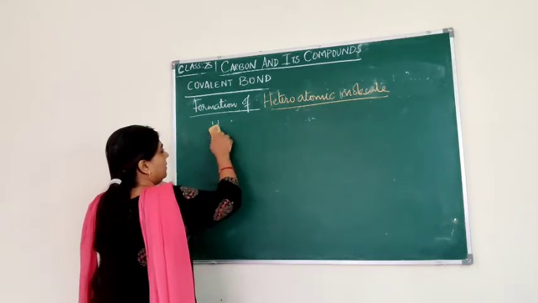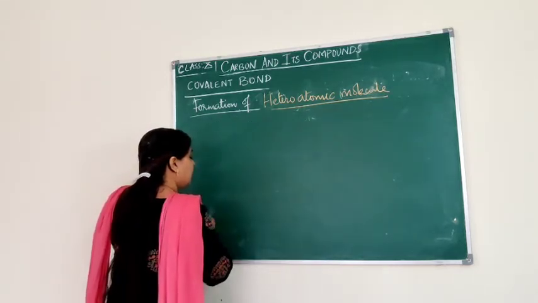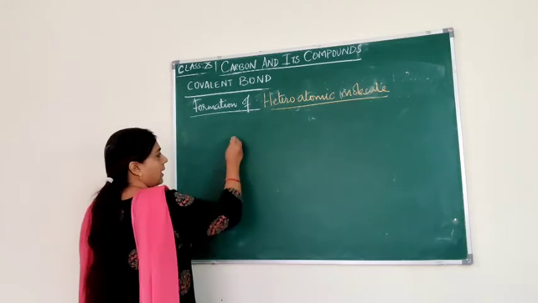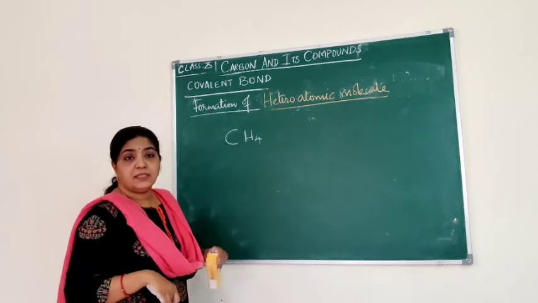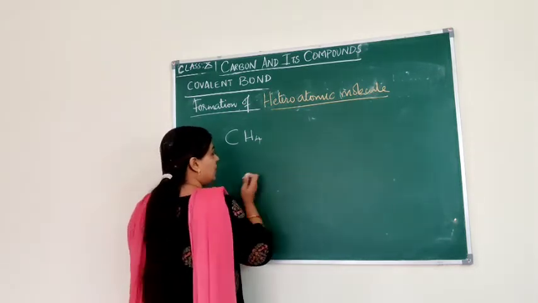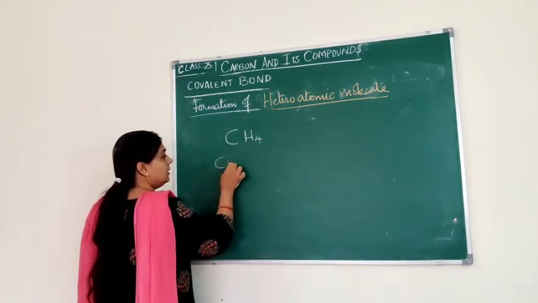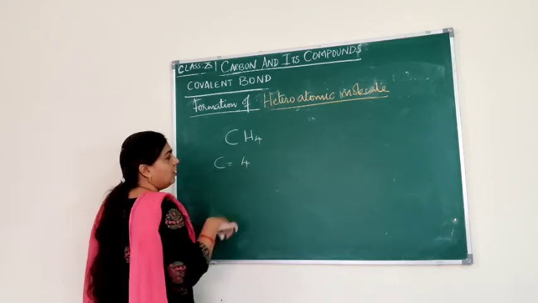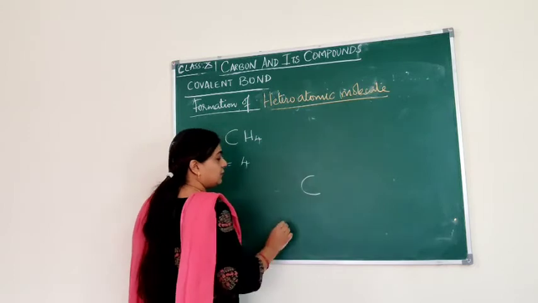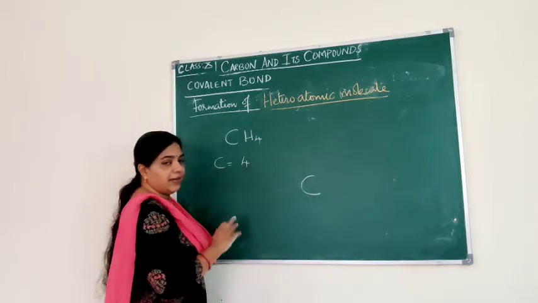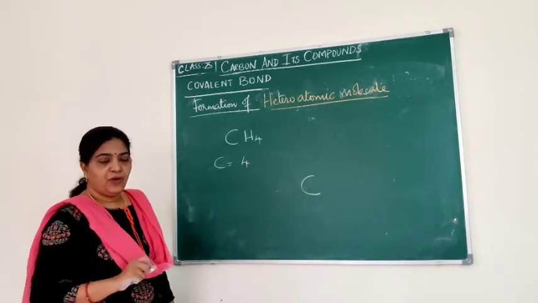Now let us see how methane is formed. Methane is CH4. What is the valence electron of carbon? 4. And 4 hydrogen atoms are there.